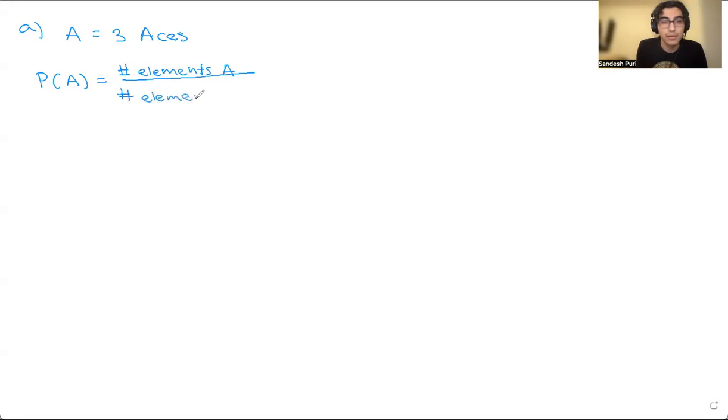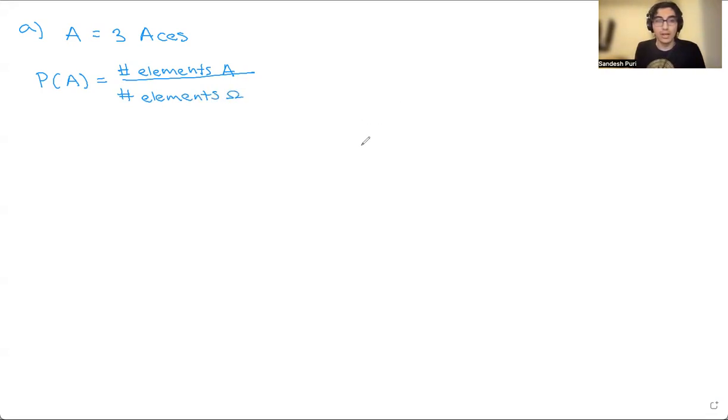So let's define that event first. I will use the letter A to designate the event that 3 aces are pulled. Okay. Now, to find the probability of A, we want to find the number of elements in event A out of the total number of elements possible.